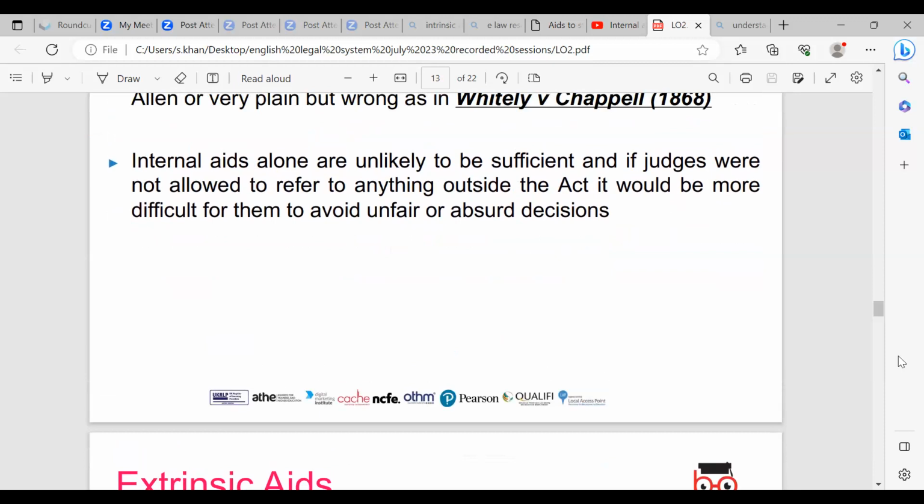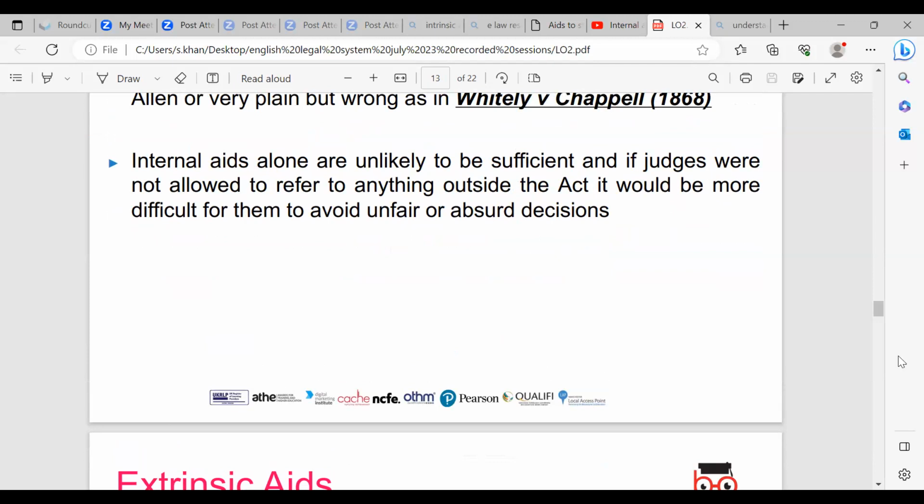Intrinsic aids are matters within an act itself which may help make the meaning clear, as mentioned earlier. Other useful internal aids may be headings, as mentioned earlier. Another example for internal aids is the 1963 Animal Boarding Act, Section 5, subsection 2, which states, in this act, animal means any dog or cat.